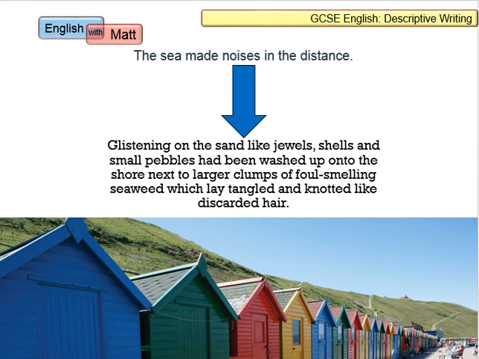Our punctuation is tight. We have senses as well to do with the smells and sights, the jewels like the pebbles, another simile. So what I'm hoping you're seeing here is that the sentences below the arrow are much more confident, much more detailed, and are demonstrating a greater variety of descriptive skills.